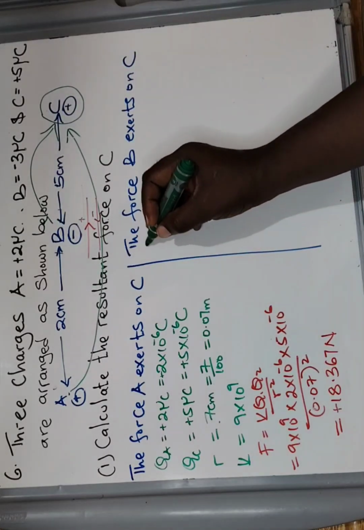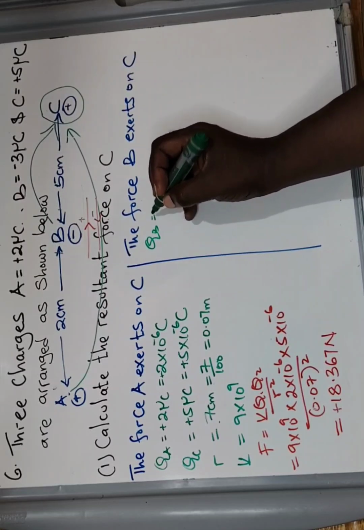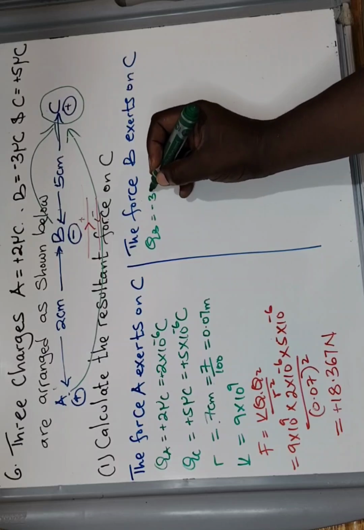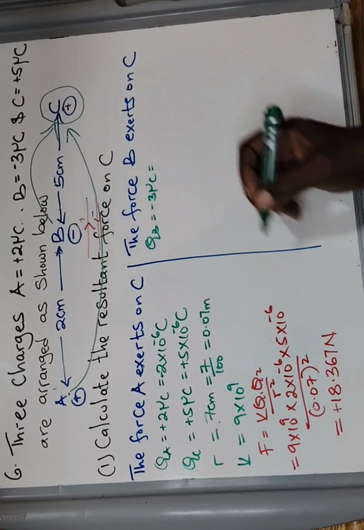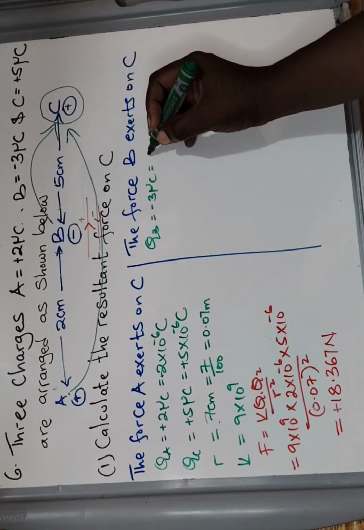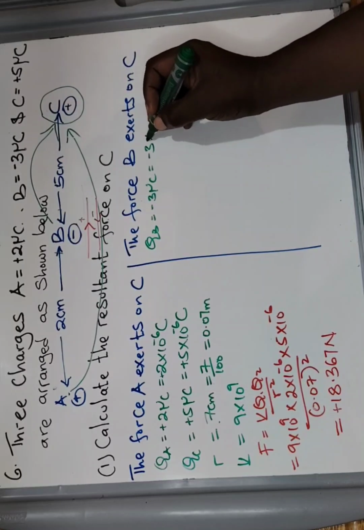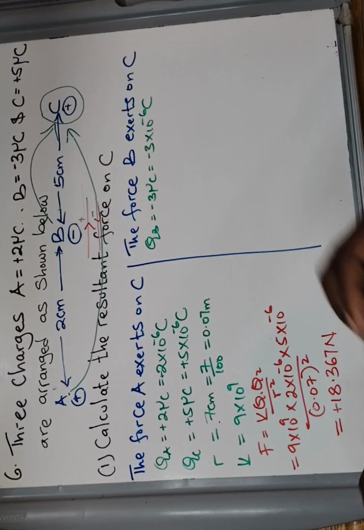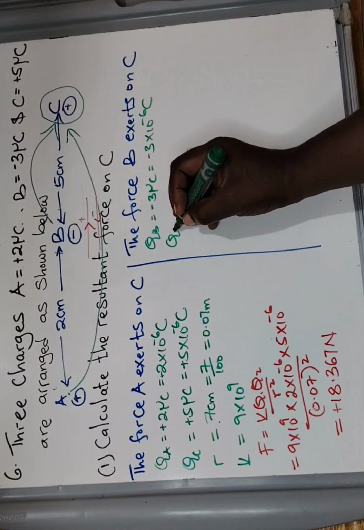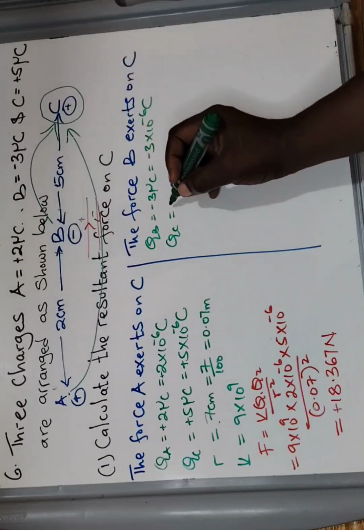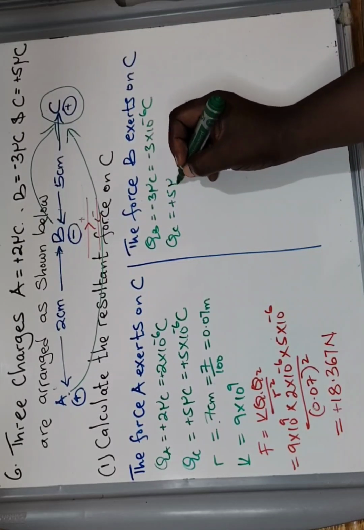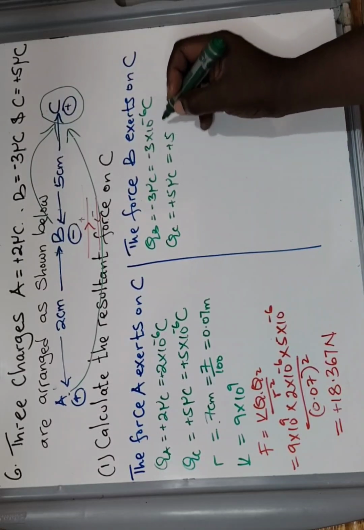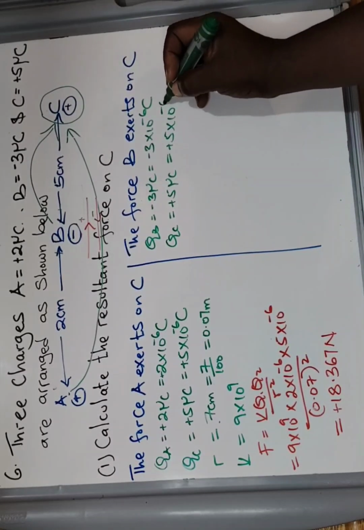We know our QB. And our QB is minus 3 microcoulomb. If you do the conversion, what do you get? It's going to be minus 3 times 10 power minus 6 coulomb. Okay, then charge C. And our C is plus 5 microcoulomb, which is plus 5 times 10 power minus 6 coulomb.